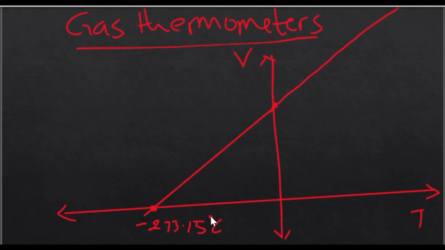Okay, back to the graph. When you take another volume of gas, you find out that it doesn't matter what quantity you take or what the conditions are. When you extrapolate it, it doesn't have a different intercept on the t-axis. All of them cut the t-axis at the same point called the absolute zero.